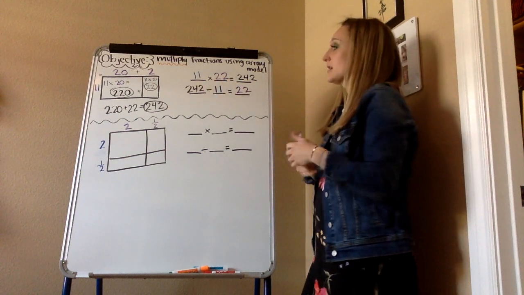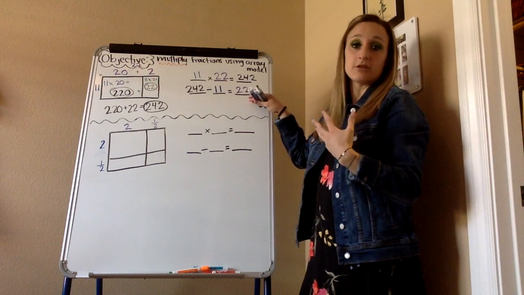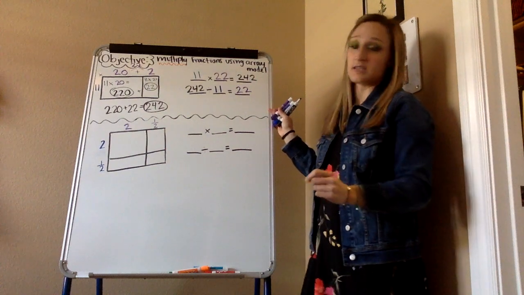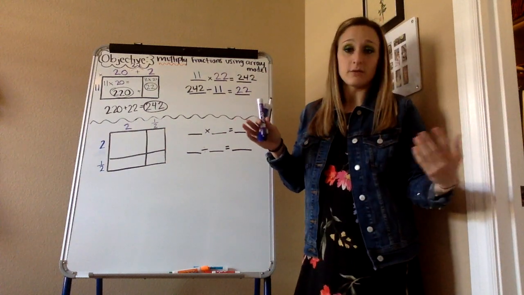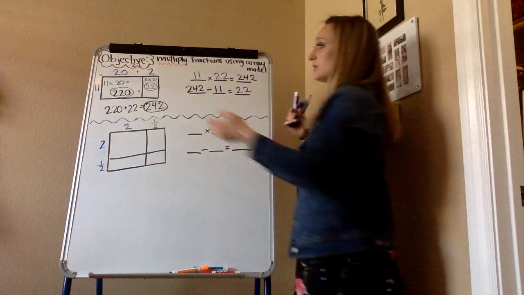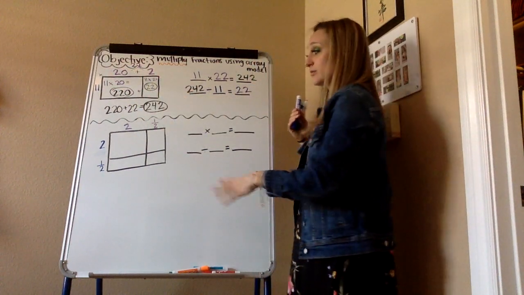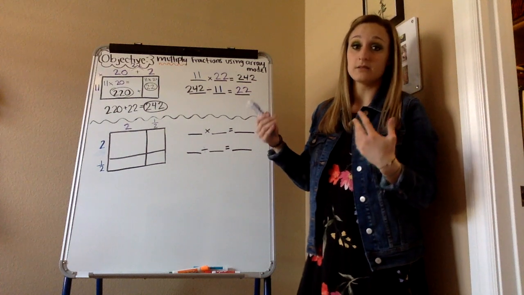Okay, now that we've done it with regular numbers, we're lucky here in this next example that the numbers are already there for us and we don't have to figure out like we had to figure this one out. Okay. But what we do have to do is fill in our array model.